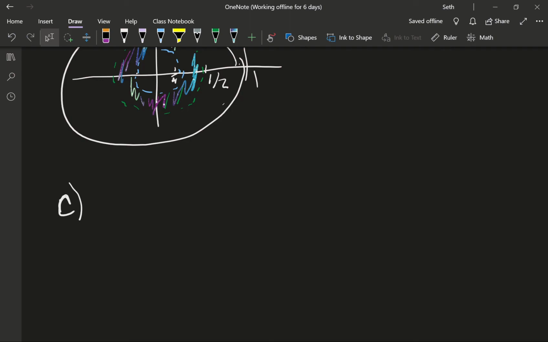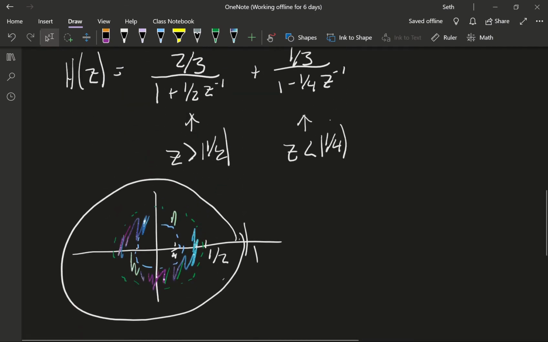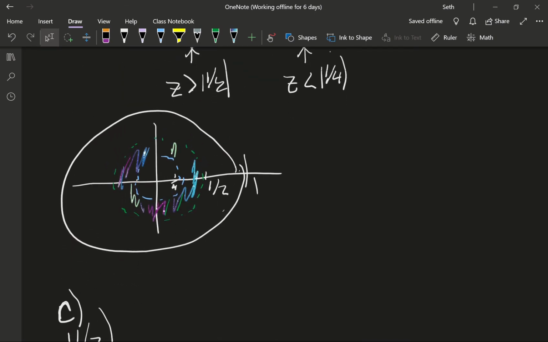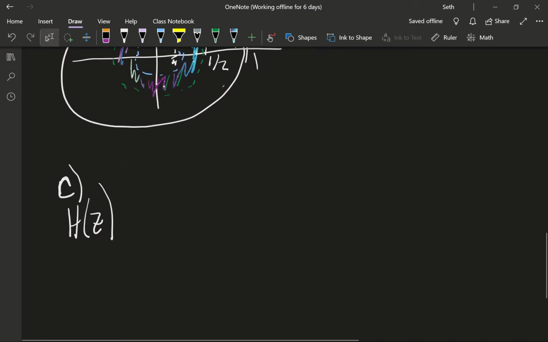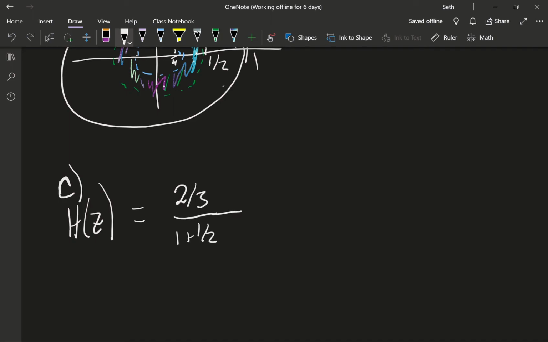So we have again H of z equals (2/3) over 1 plus 1/2 z^-1, plus 1/3 over 1 minus 1/4 z^-1. We found this in part B. It doesn't change for this one.